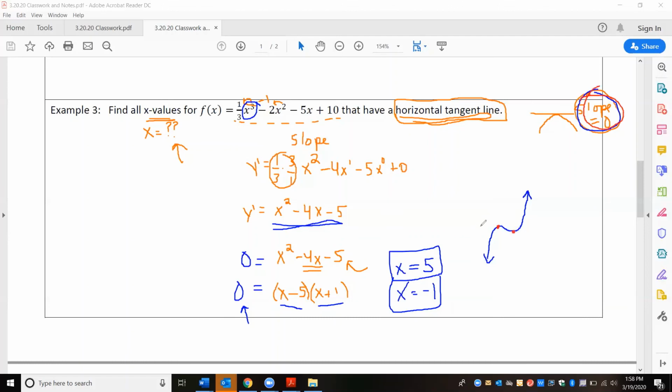So right here, on that vertex, we'd have a slope of 0. And right here, on that vertex, we'd have a slope of 0. And we actually know where that is. One of them is going to be at x equals -1, and the other one's going to be at x equals +5. If you want to go ahead and graph this on your own graphing software to see what this looks like, you're going to see vertexes there.